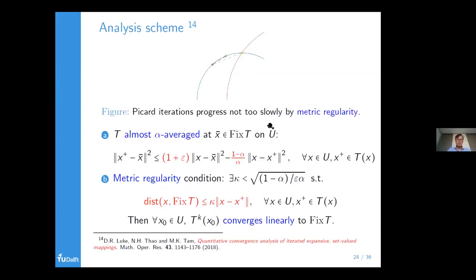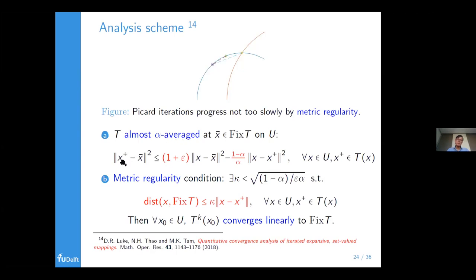We will follow the analysis scheme based on the theory of almost averaged operators. There are two conditions for convergence. Because the problem is non-convex, the fixed point operator is not a contraction. So the first condition is almost averagedness.